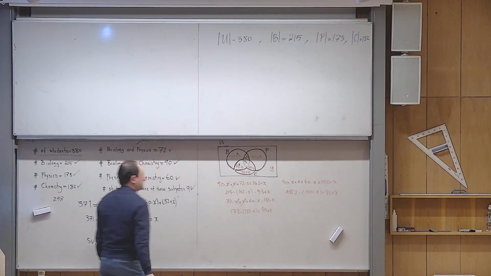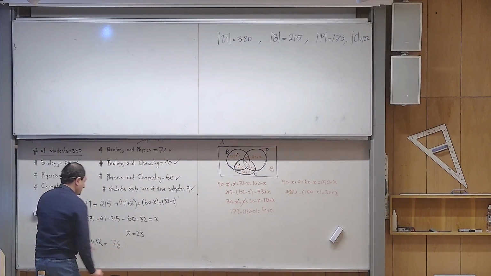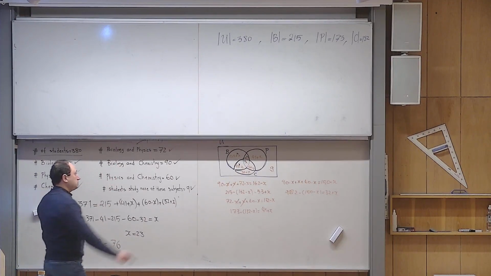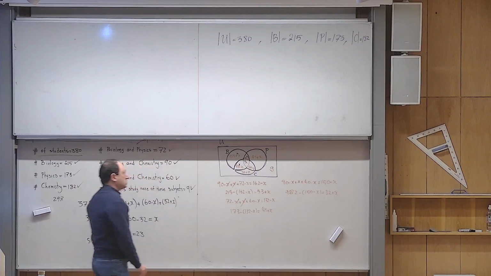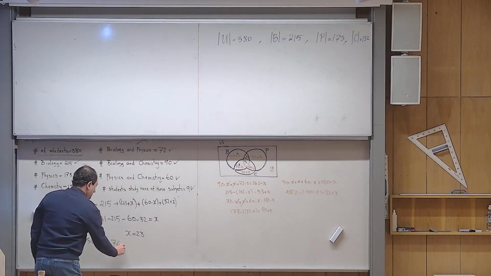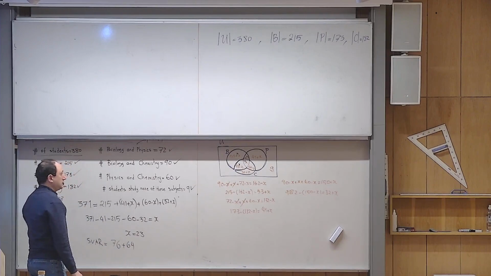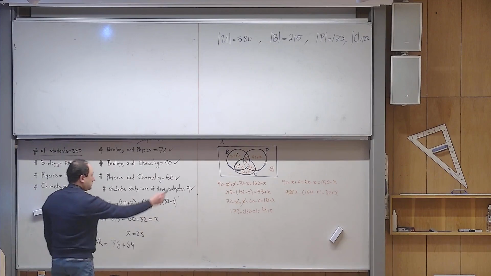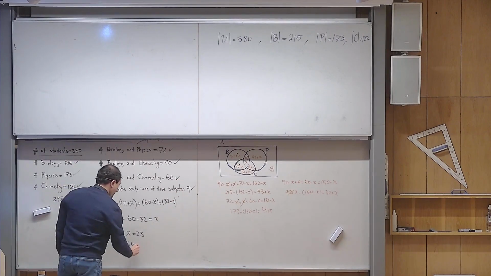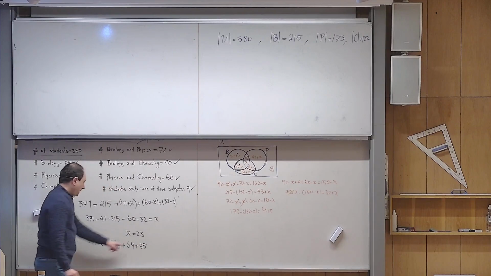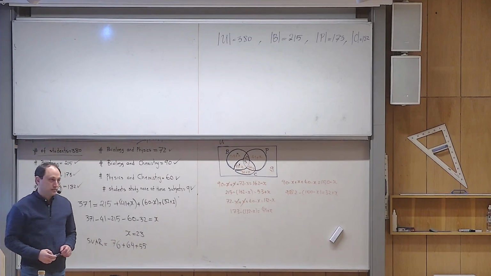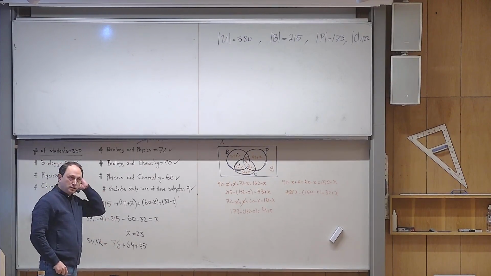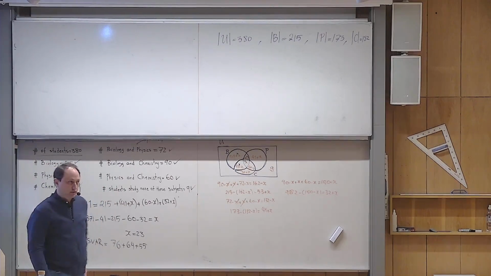This becomes how many? 76. 76 students are studying only biology. And then 41 plus x people are studying only physics, but x is this one, so this becomes 64. And 32 plus x are only studying chemistry, so if I put 23 there, it becomes 55. And you add these three numbers, you get your answer. So this is the number of students who are studying only one of these subjects, exactly one of these subjects.